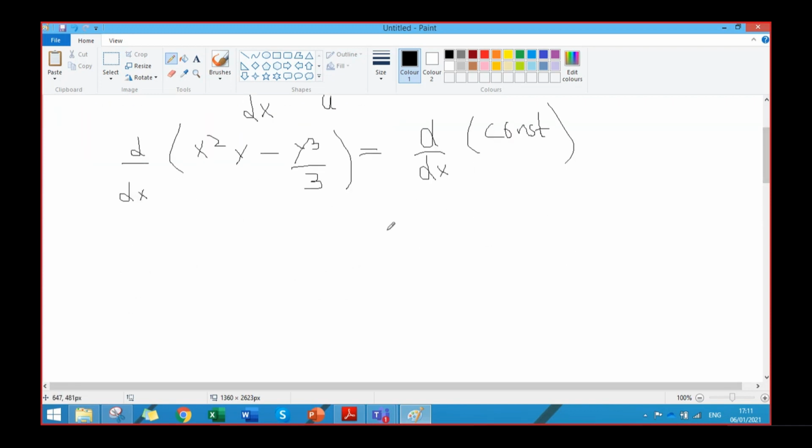So the derivative of a constant is 0. Here you apply d by dx on this.